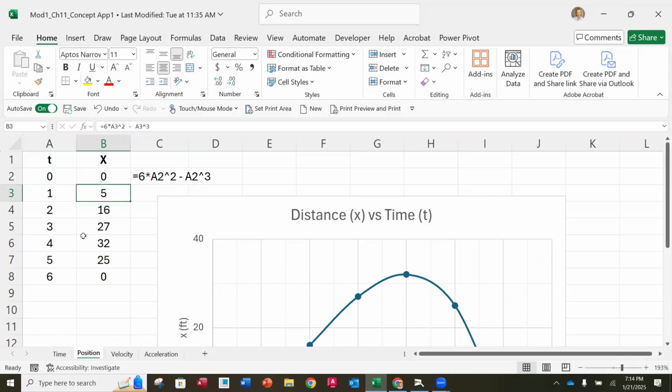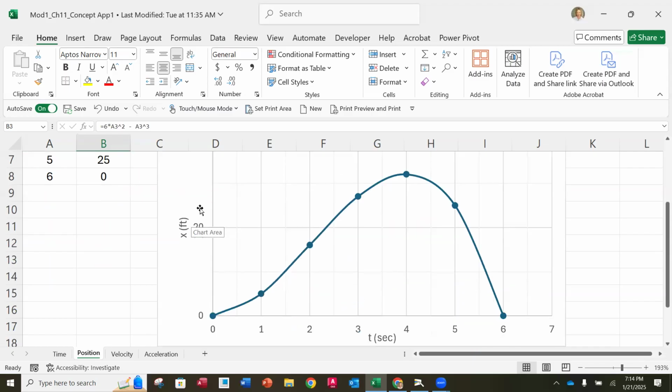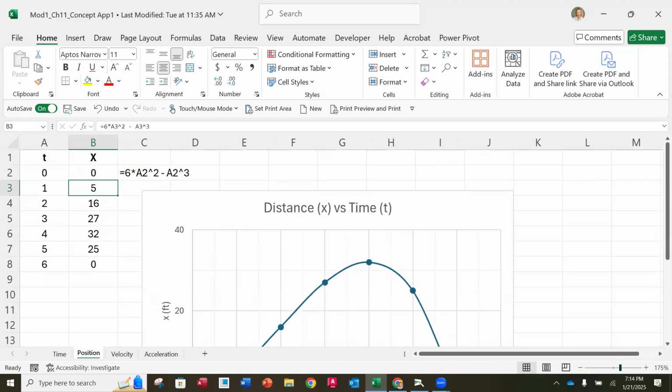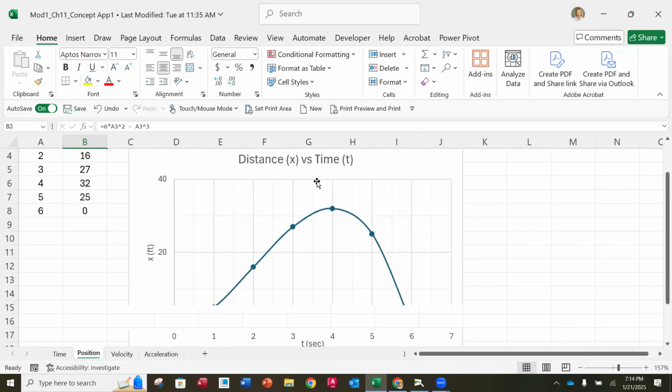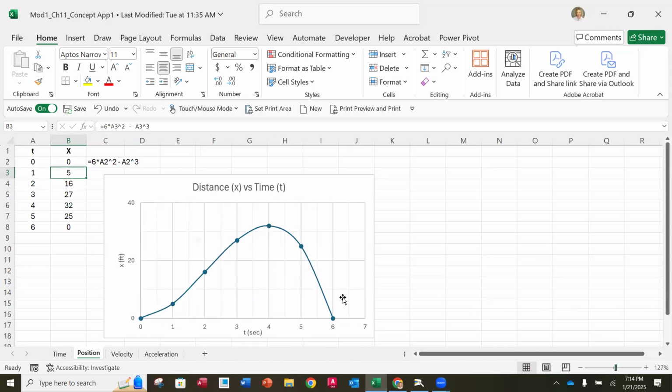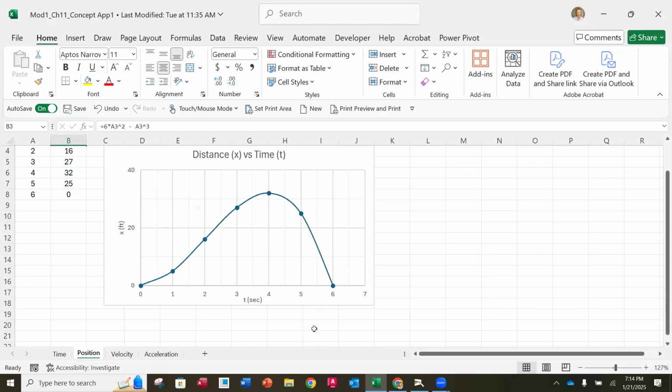And then for 2, it would be 16, and so on. And then I created a chart. Let me zoom out here just a little bit so we can see that, of distance versus time. You're going to notice here that my distance is on my y-axis, and then my time is on my x-axis. Now, a couple things about this.